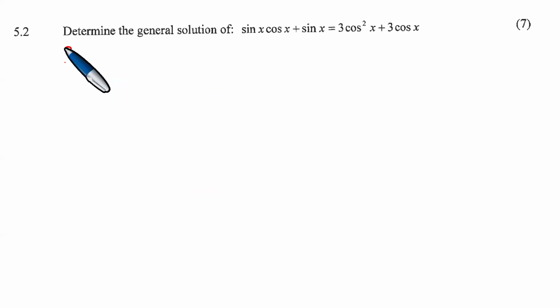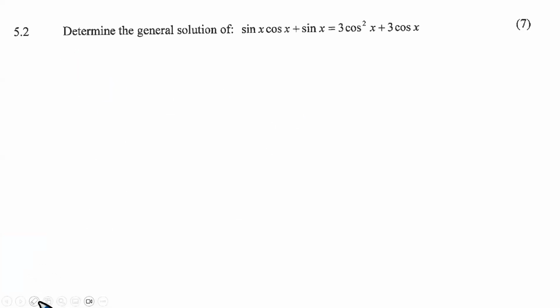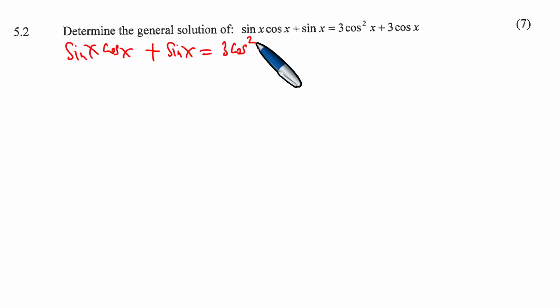Let's do that. So in the exam, obviously you need to first write a solution like this. So we are writing the question. So it is sine x cosine x plus sine x equals 3 cosine squared x plus 3 cosine x.